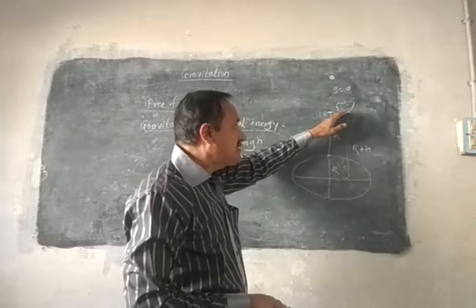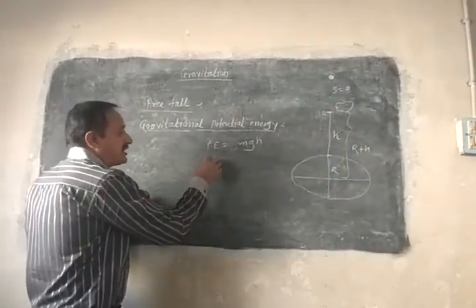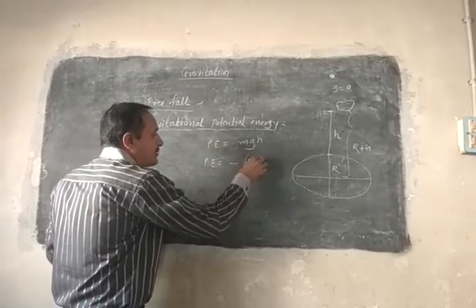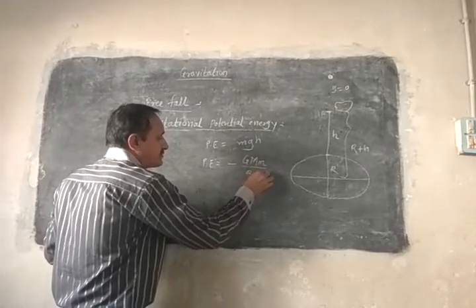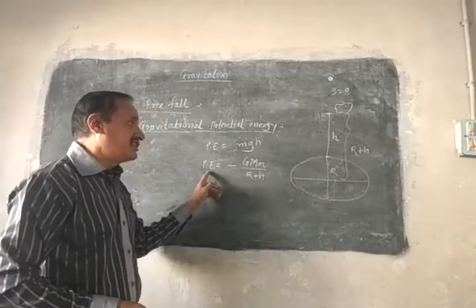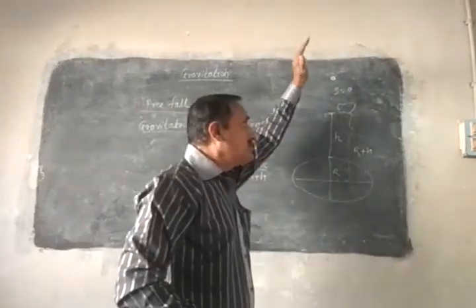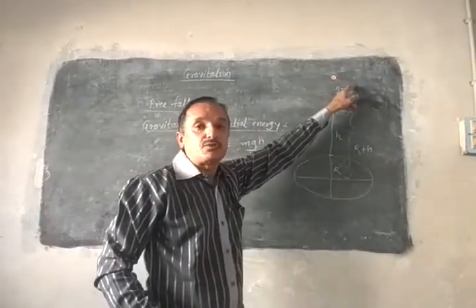So we can find the potential energy of that object by the formula: potential energy equals minus G capital M into small m upon R plus H. By this formula we can find the potential energy. Why is it taken negative? Above a certain height, infinite height, the value of g is 0.